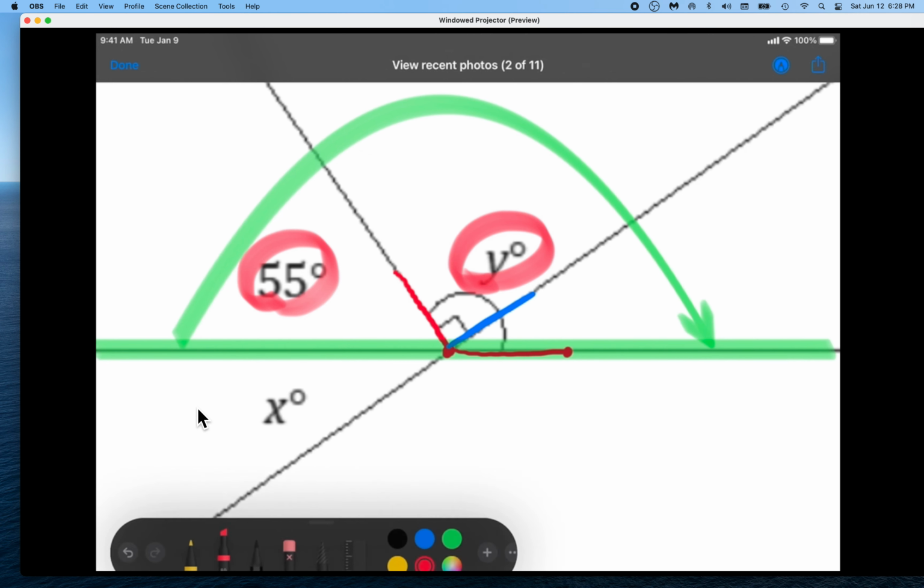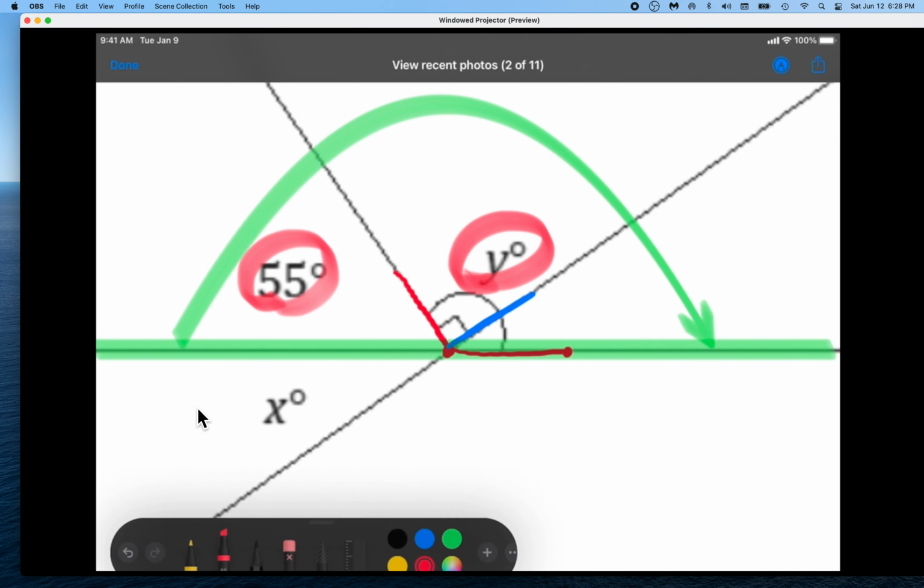Here, we notice that this is 90. Well, folks, if this is 90, then this much must be 50, because 40 plus 50 has to equal that 90. This gives us a straight line situation right there. That means this total is 180.